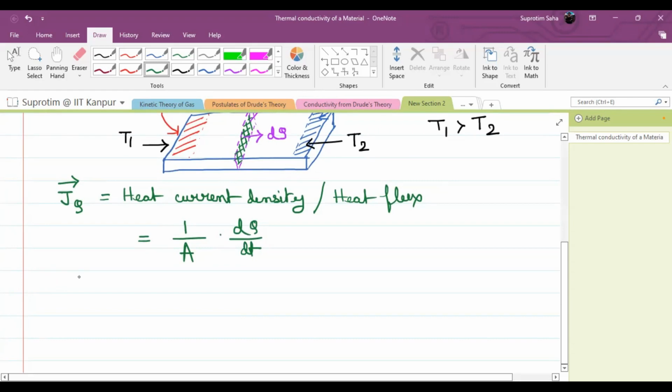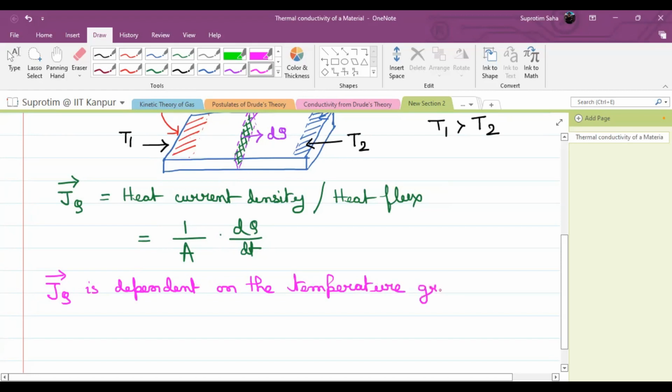So JQ, which is the heat current density, is dependent on the temperature gradient across the sample.